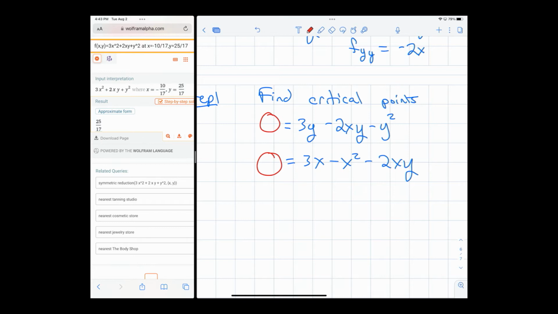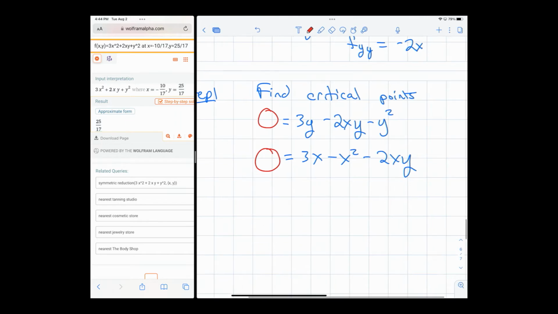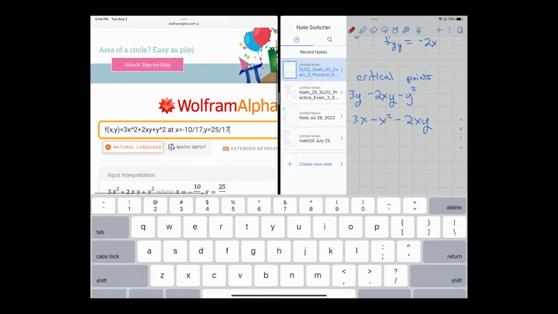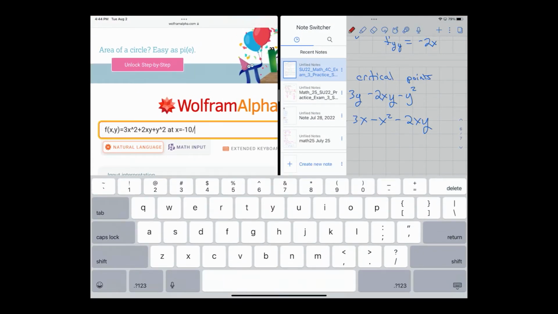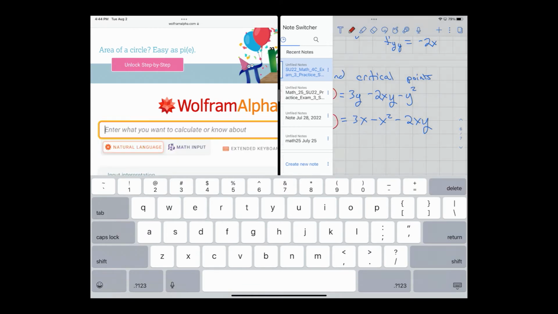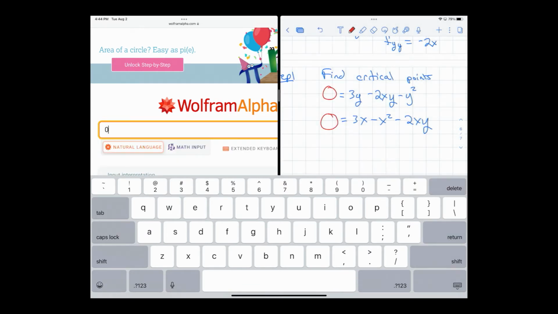All right. Now, how are you going to solve that? Well, it's tedious to solve by hand, right? So we're going to use a computer, and after we do that, we are going to check our work as well, also on a computer, just to make sure that we did the partials right.